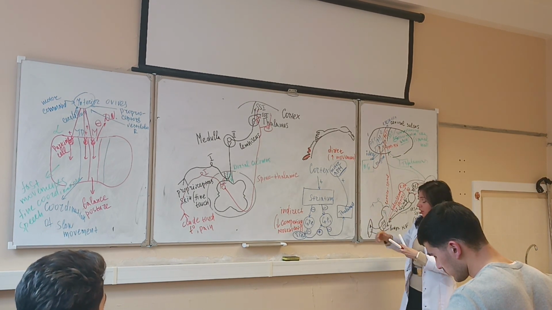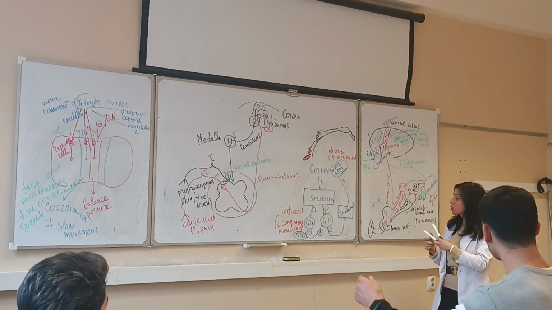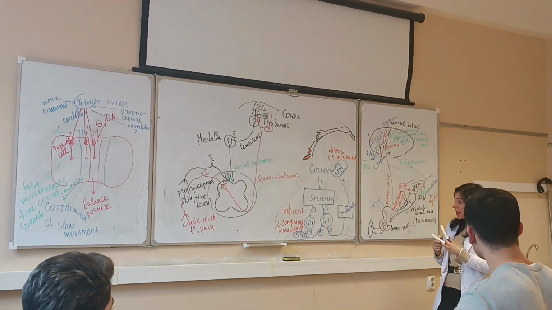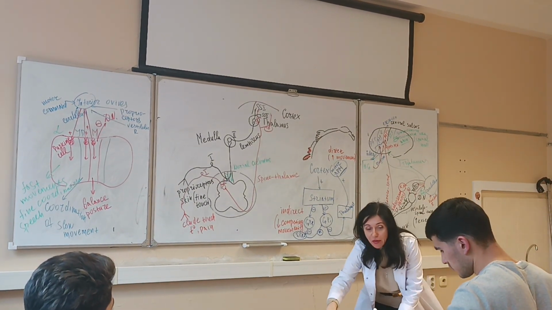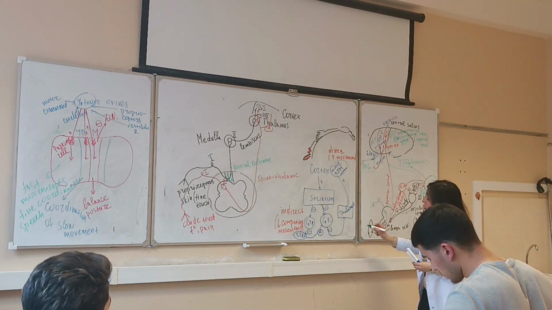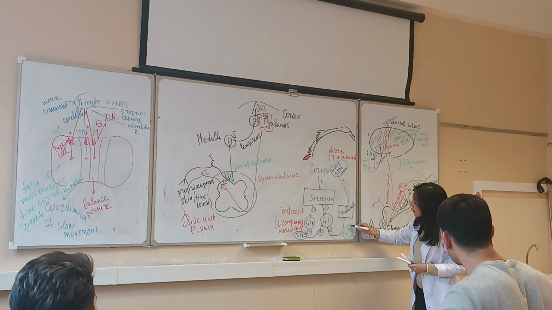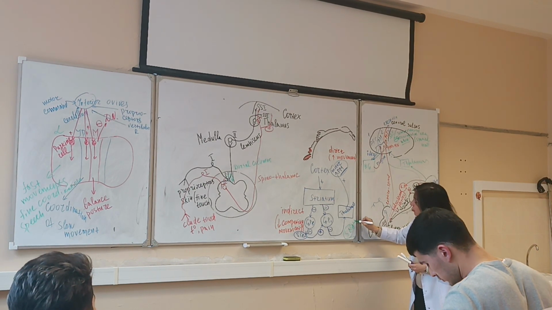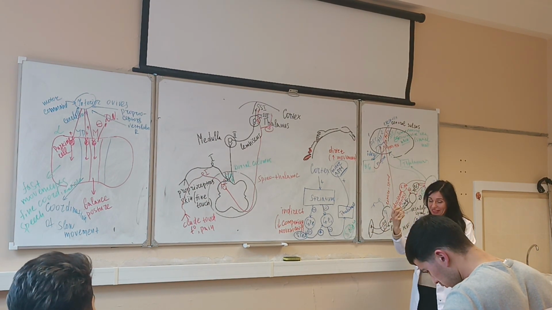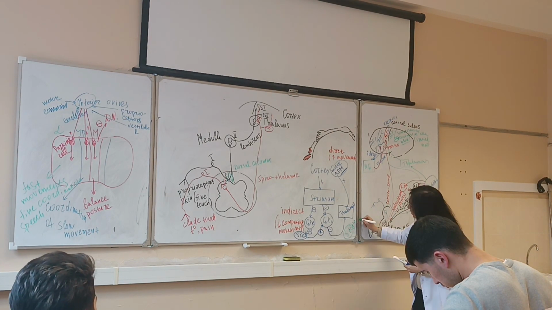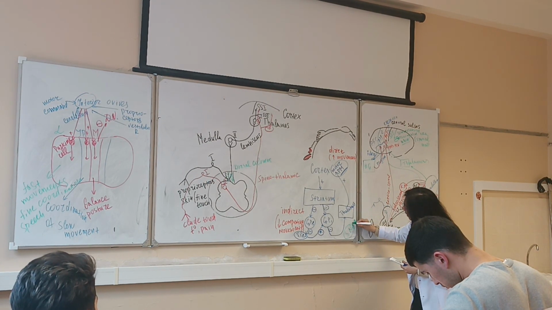This system is controlled by substantia nigra in the brain. Substantia nigra, very important part. Substantia nigra, black substance, like black nigra in Latin.